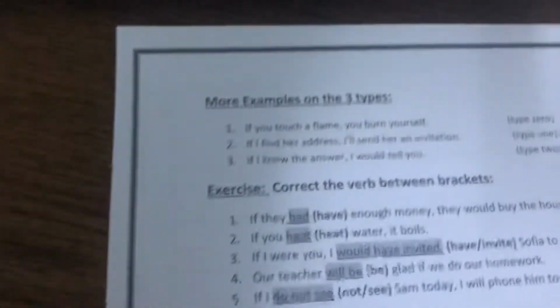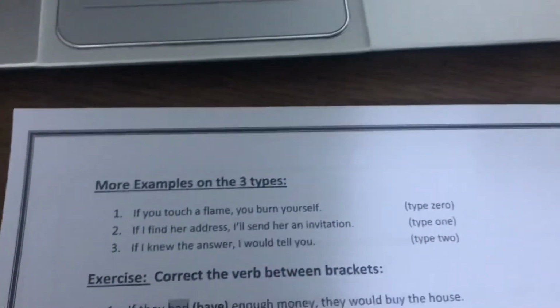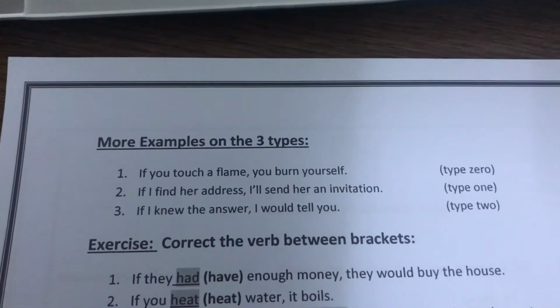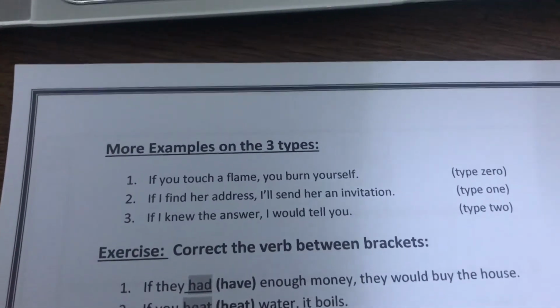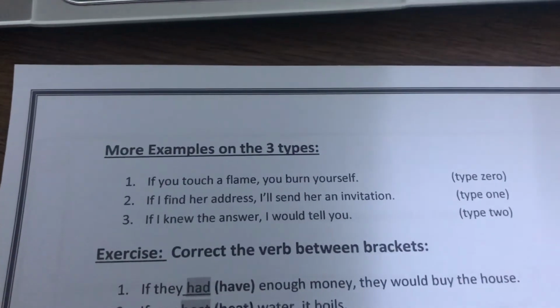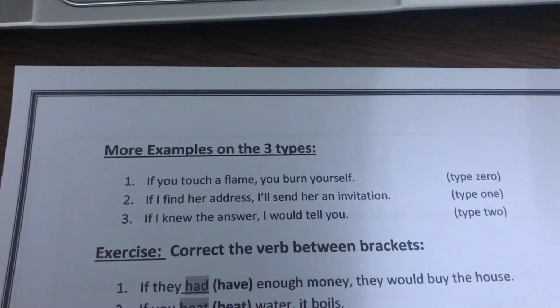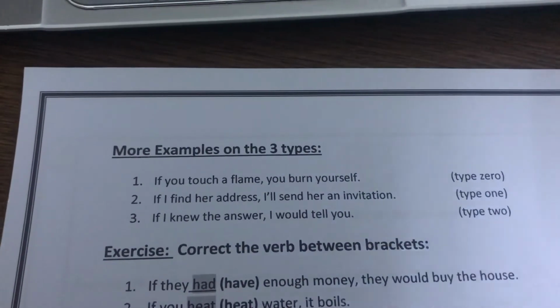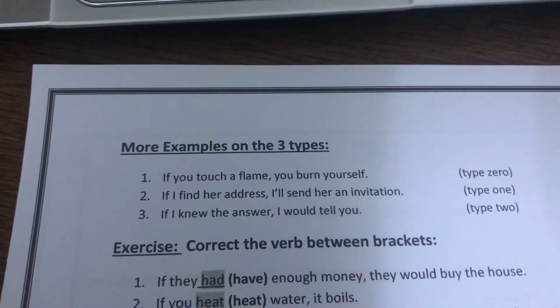We have more examples regarding the three types. Here, type 0: if you touch a flame, you burn yourself. This is a fact. Type 1: if I find her address, I will, see here it's in the simple future, send her an invitation.